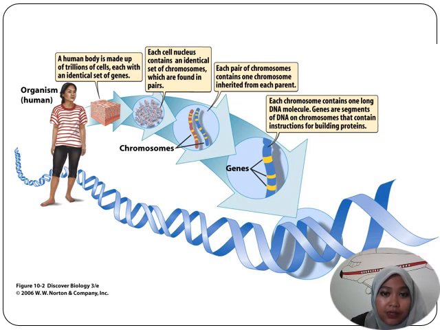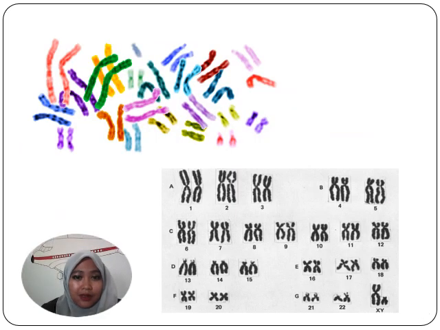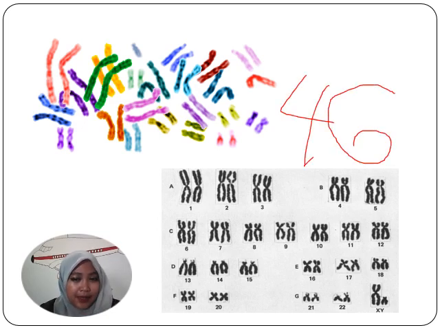These chromosomes have genes, and this is the location of the genes, which control the physical and chemical appearance of humans. So we have a set of human chromosomes, 46 chromosomes, but let's say we want to talk about homologous chromosomes.